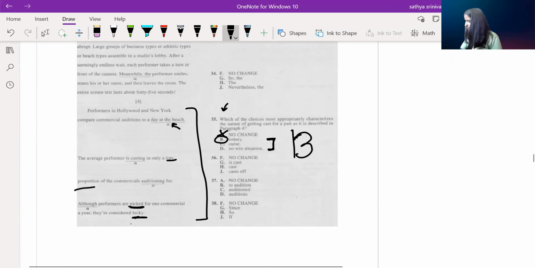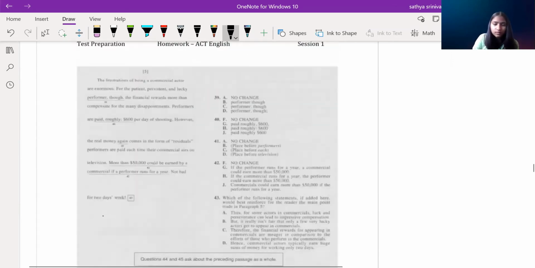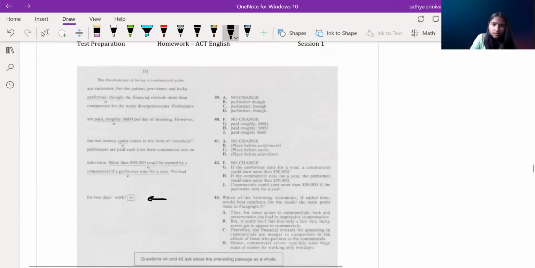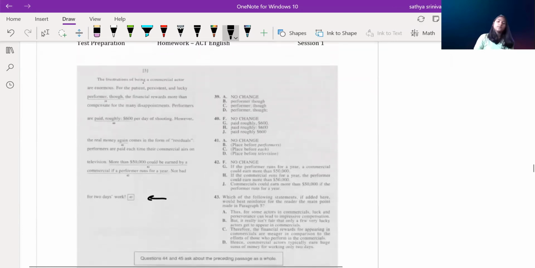Then for 43, okay. Which of the following statements, if added here, would best reinforce for the reader the main points made in paragraph 5? So we add a sentence here on the point made in paragraph 5. So the frustrations of being a commercial actor are enormous.